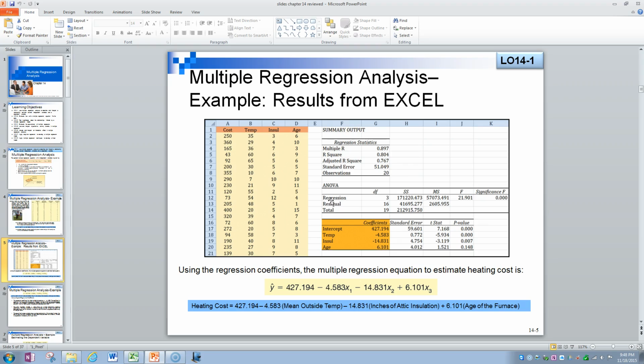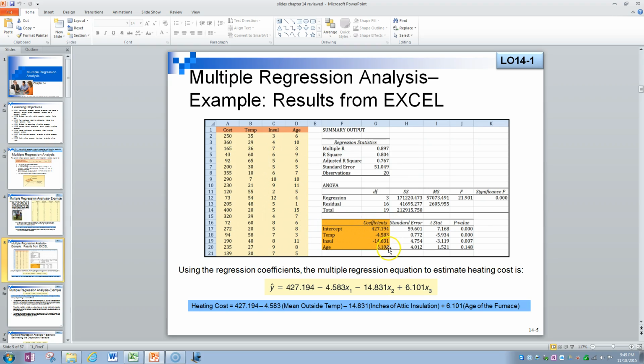After we run the regression command in Excel, we obtain the regression equation as we did in chapter 13, and I will find this in a moment. The regression equation, that is.